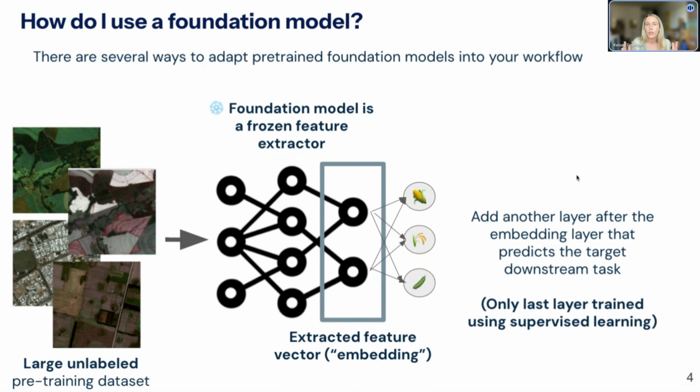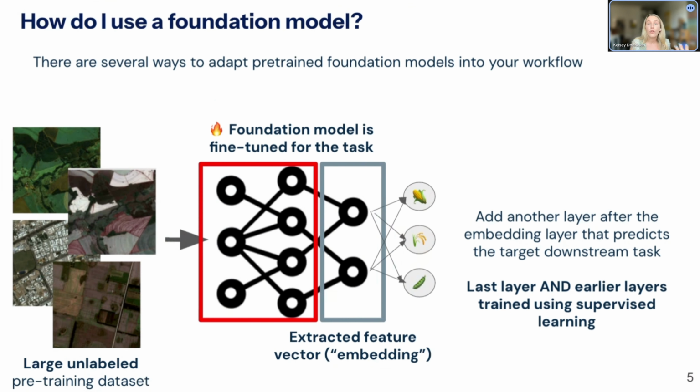So there are two main ways to interface with these types of models. We can use them as a frozen feature extractor, where we're using those embeddings, like AlphaEarth, for example, which has embeddings hosted on Google Earth Engine. Then you can add another layer after that embedding layer that predicts the downstream task, even a simple random forest or linear probe, something like that. Or we could fully fine tune the foundation model, which is a lot more computationally heavy, and then you can add that final linear layer as well.